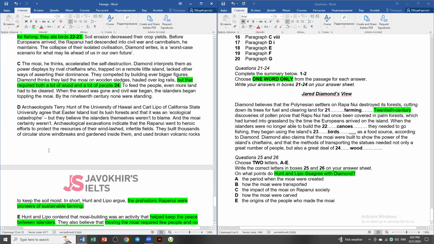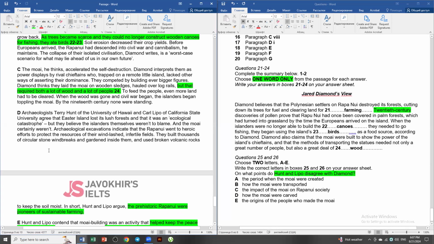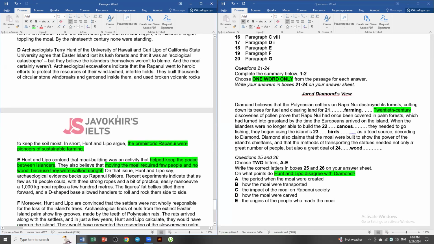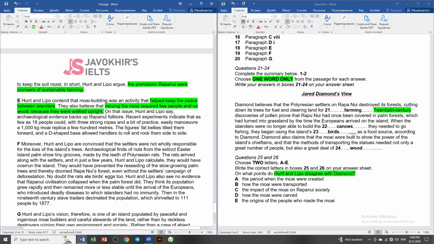Paragraph C. They laid the Moai on wooden sledges over log rails, but that requires both a lot of wood and a lot of people. But the point here is that on that issue, Hunt and Lipo say the archaeological evidence backs up the Rapa Nui folklore.